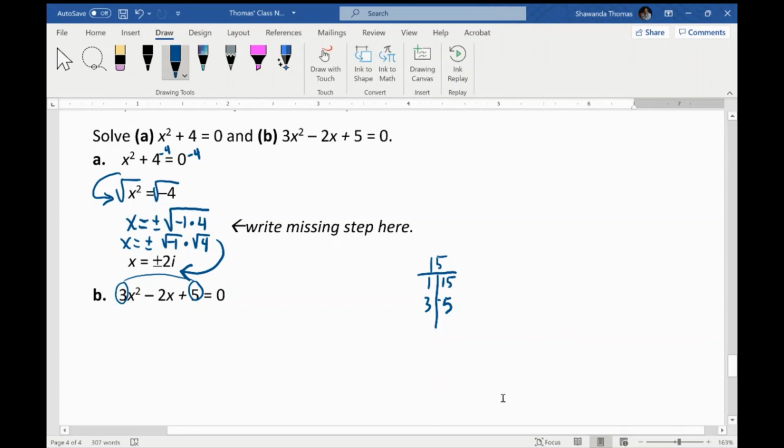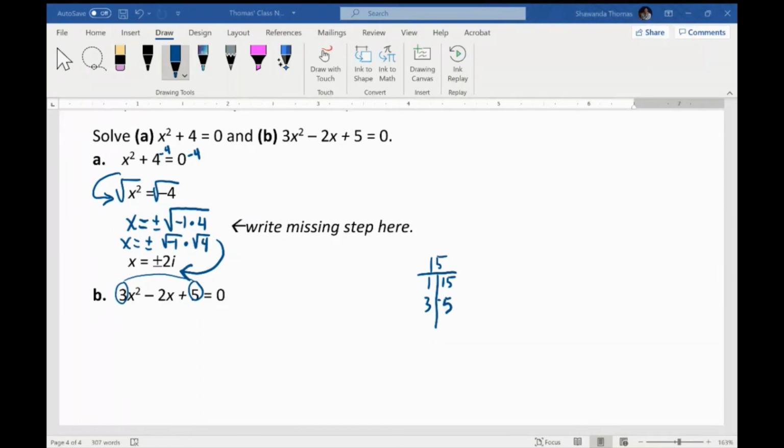Because you don't have anything that's going to equal the middle, the -2. Well, 3 minus 5 is negative 2, right?